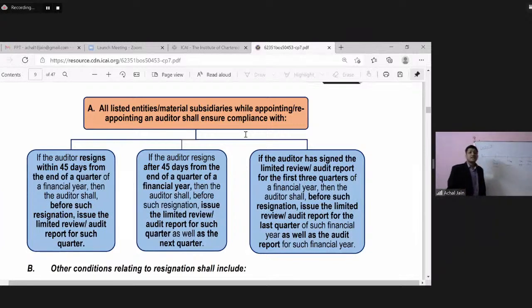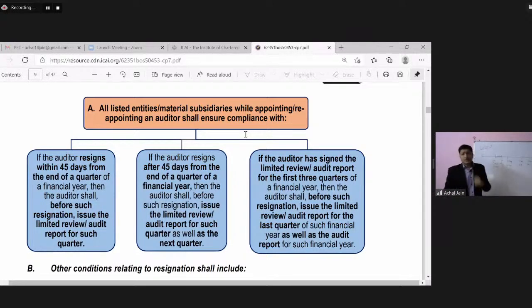Within 45 days from the end of the quarter. So let's suppose 45 days from the end of the quarter is this. 30th June, July, August, so 14th of August. If he is resigning somewhere over here.